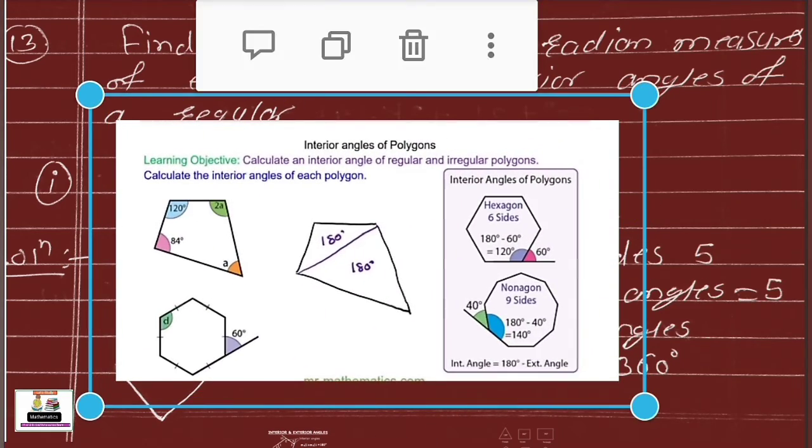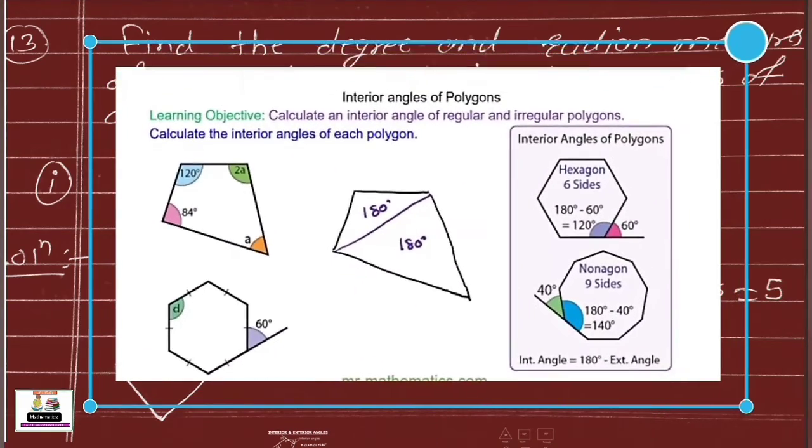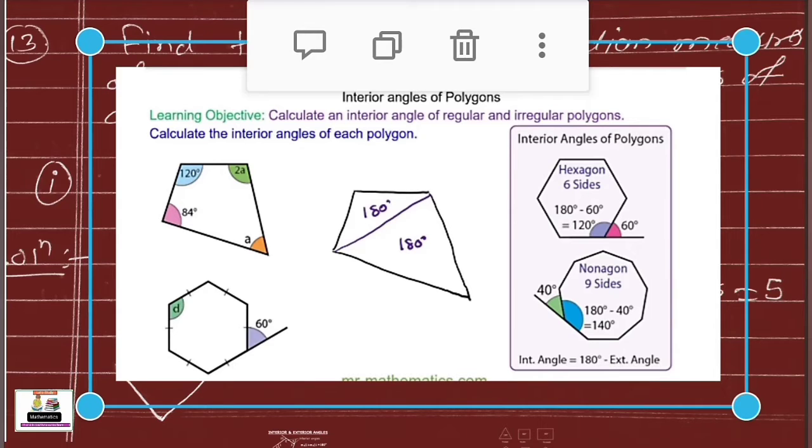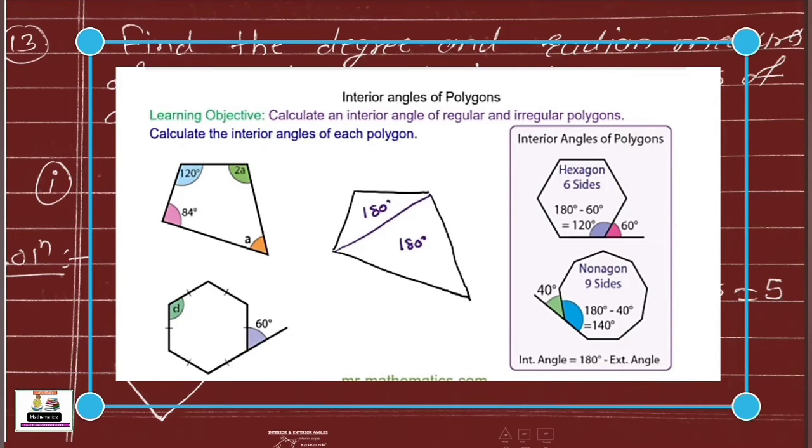These are interior angles. See this picture or image. Interior angle means 180 minus exterior angle, which gives the interior angle.